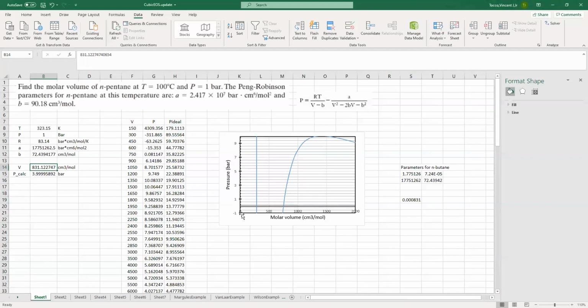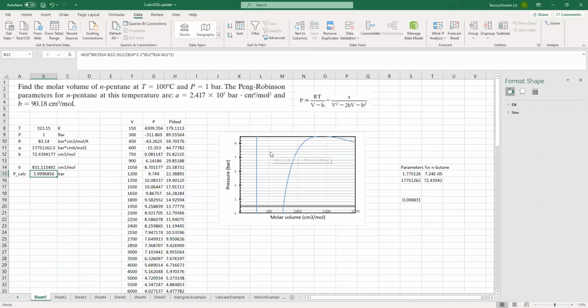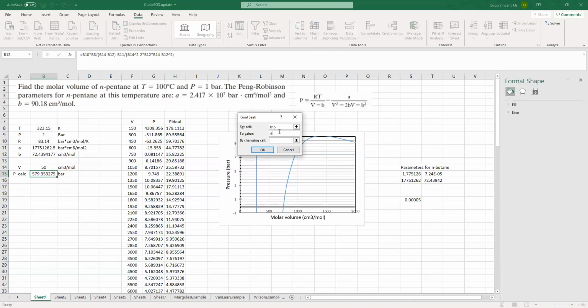So I'm going to try again, maybe guess a lower volume. Say, what if analysis, goal seek to value 4 by changing the value of the cell V? Still giving me 831. What happens if I try something super low? Come on, goal seek.